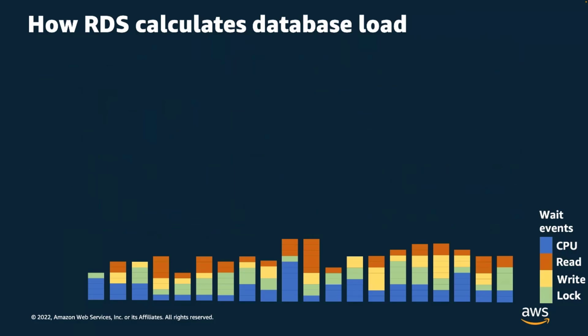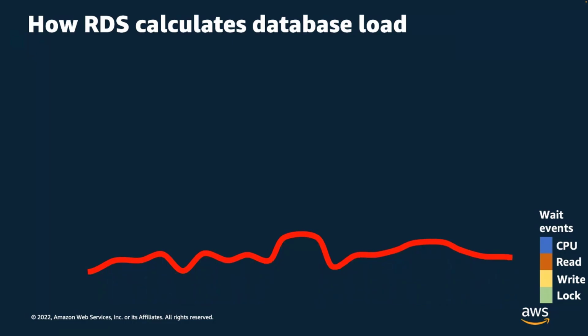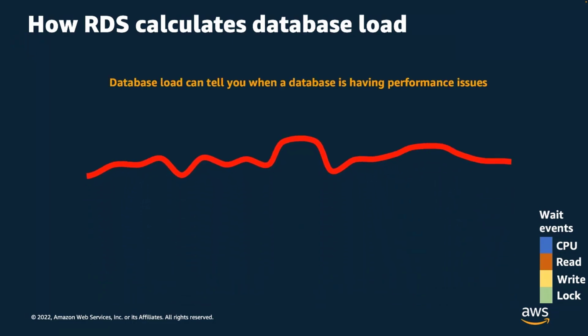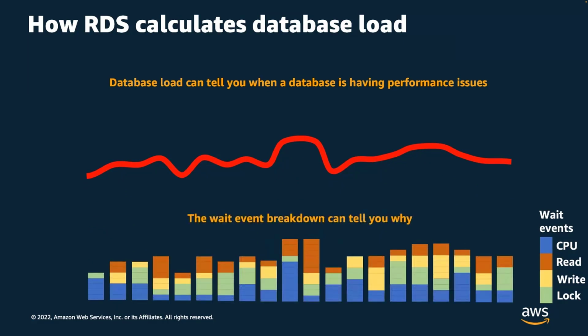This type of visualization is at the heart of Performance Insights. Keep in mind, we are still talking about database load. That key core metric can tell you when a database is having performance issues. And the wait event breakdown can tell you why it is having performance issues.